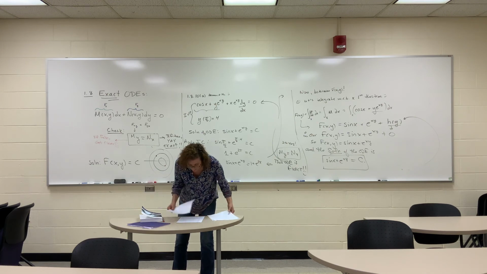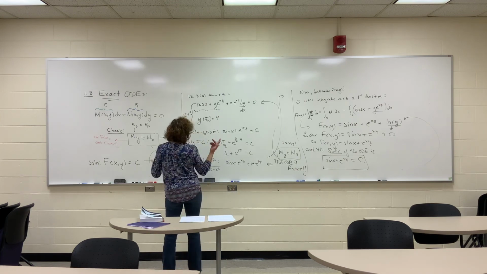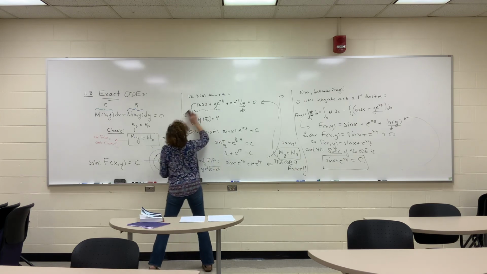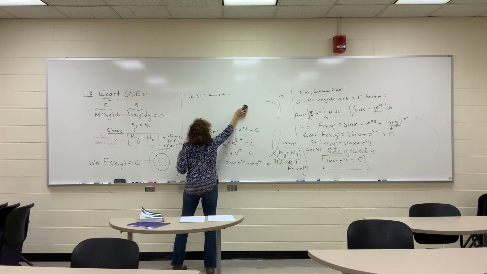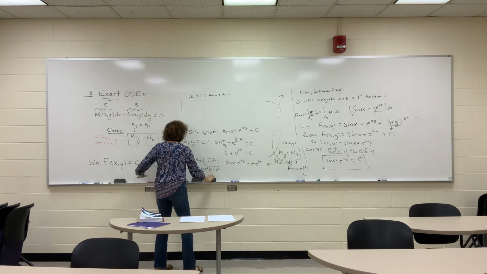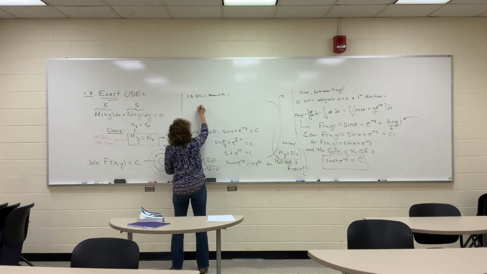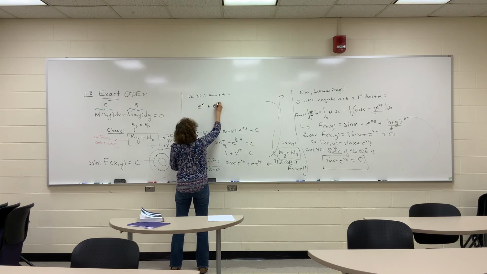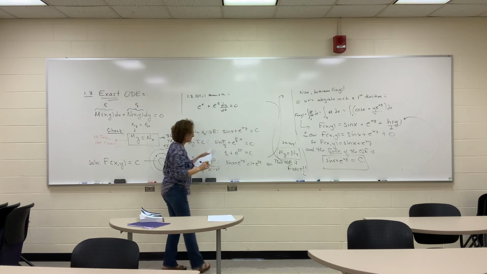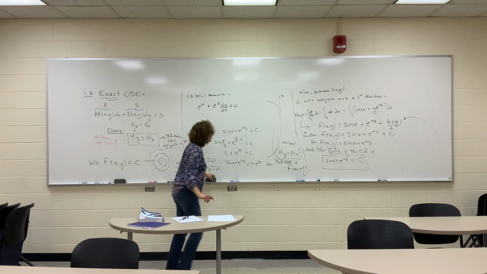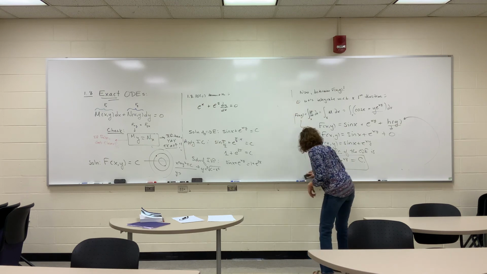Let me mention one more for you before we close out here. Another one of your problems. Let's look at this one. 101C: e to the x plus e to the y dy dx is equal to 0. What do we do to solve this while I'm erasing the board?